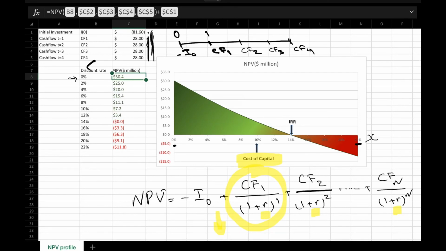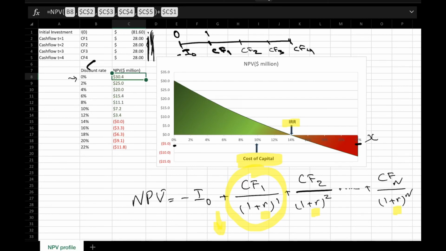Okay, then the last thing I want to mention here is that we have an important concept, which is IRR, or the internal rate of return. The internal rate of return is the rate at which the NPV of the project is zero.